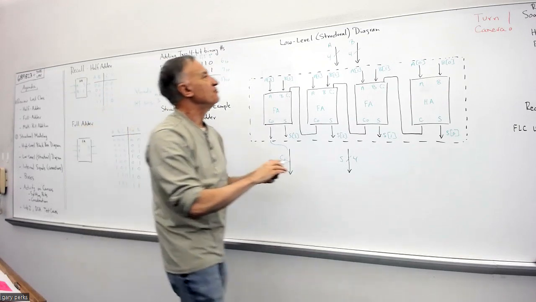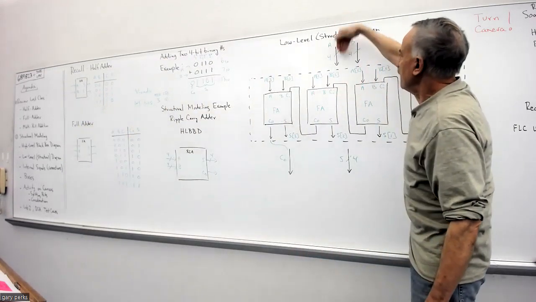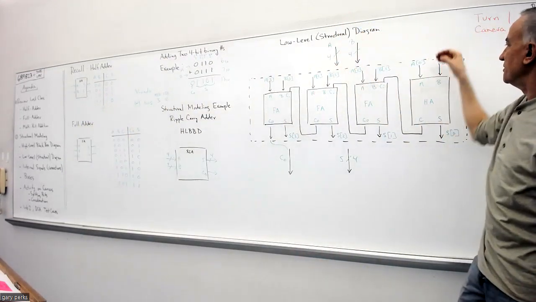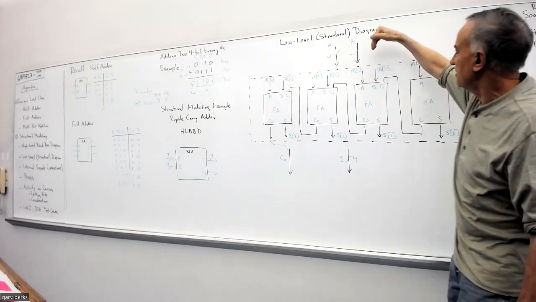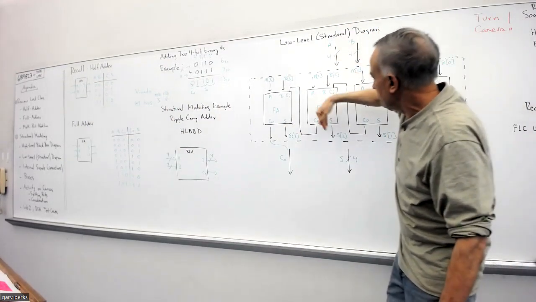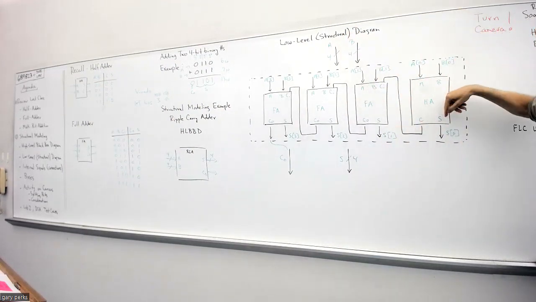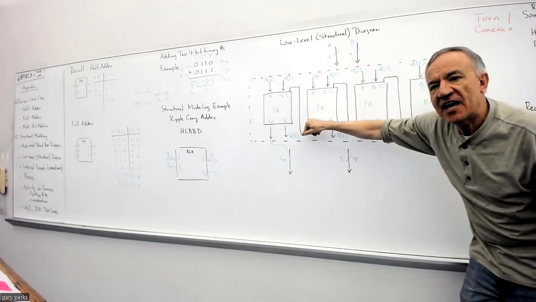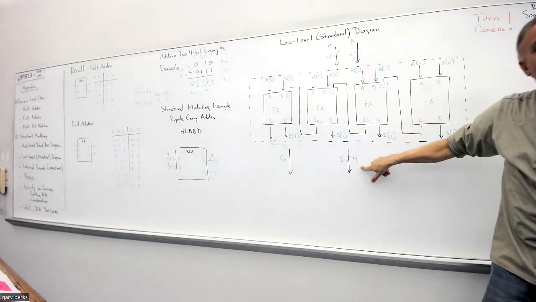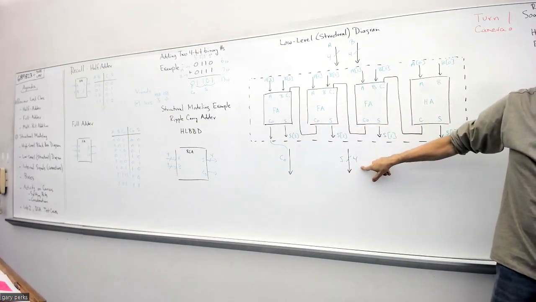So these 4 bits of A come in and then they split up. Just the 0th bit here goes here, just the 1st bit goes here, 2nd bit goes here, 3rd bit goes here, same thing for B. Then for our results, we get the individual bits from the adders, but then we put them together to get the main output, the sum 4 bit.